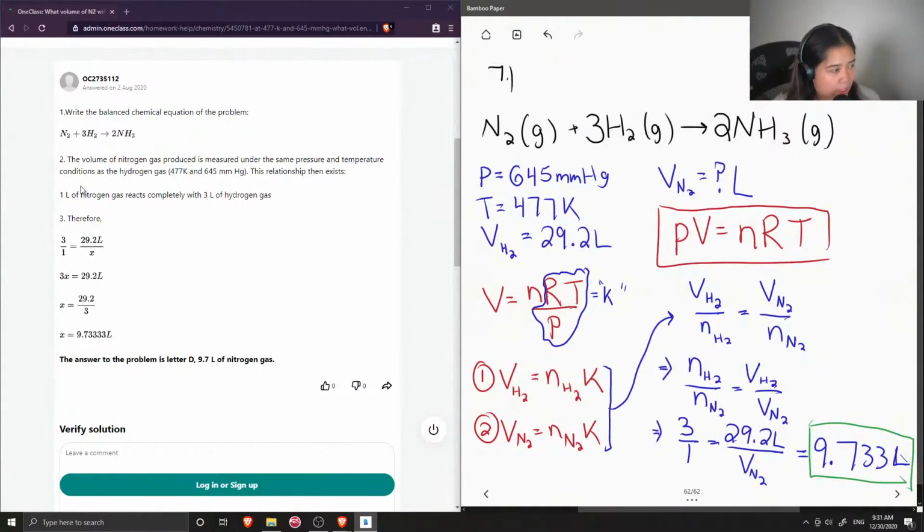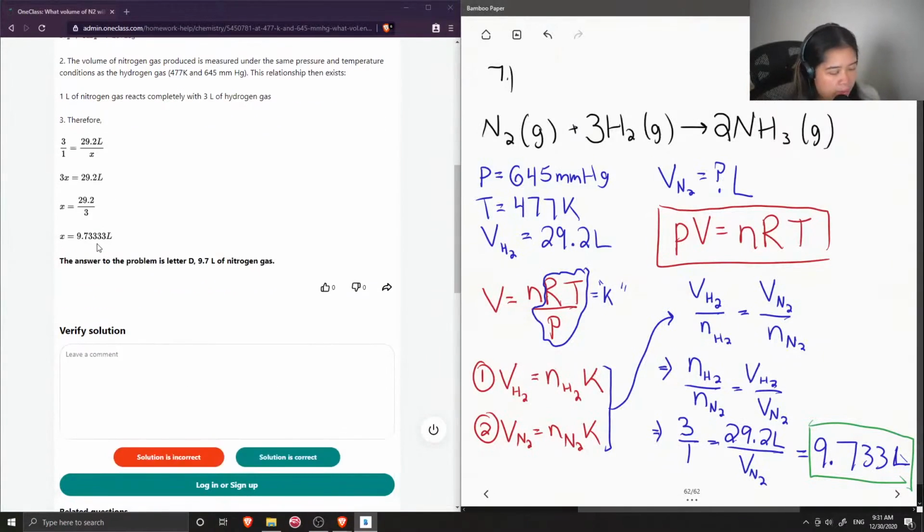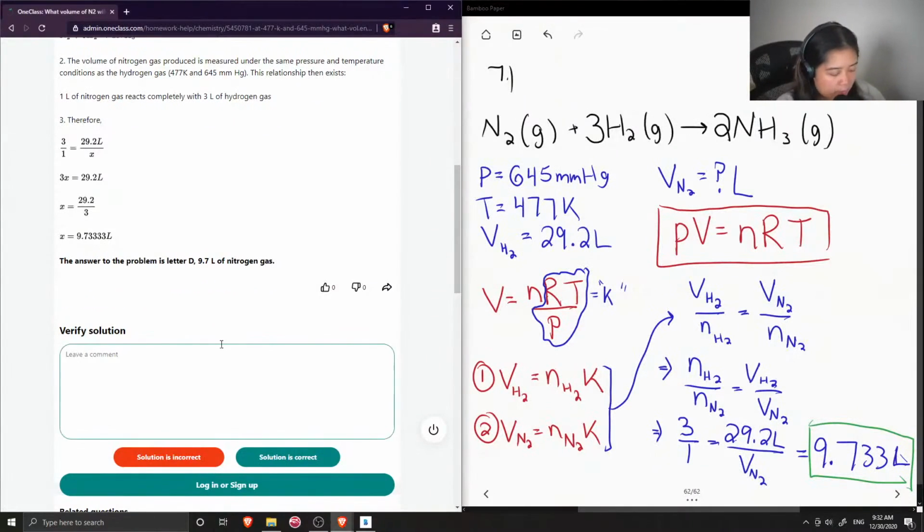So this relationship then exists. 1 liter of nitrogen gas reacts completely with 3 liters of hydrogen gas. And then they just simplified and showed how they also got 9.733 liters. Okay, so this solution is correct.